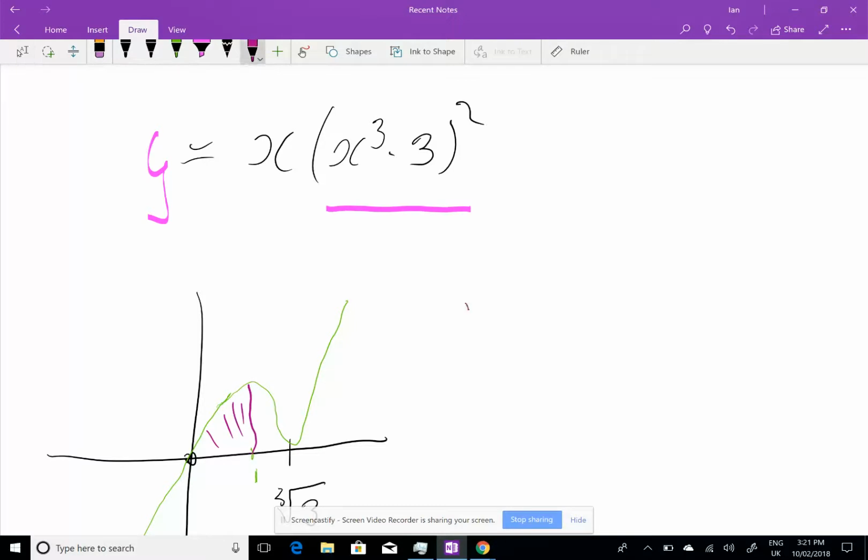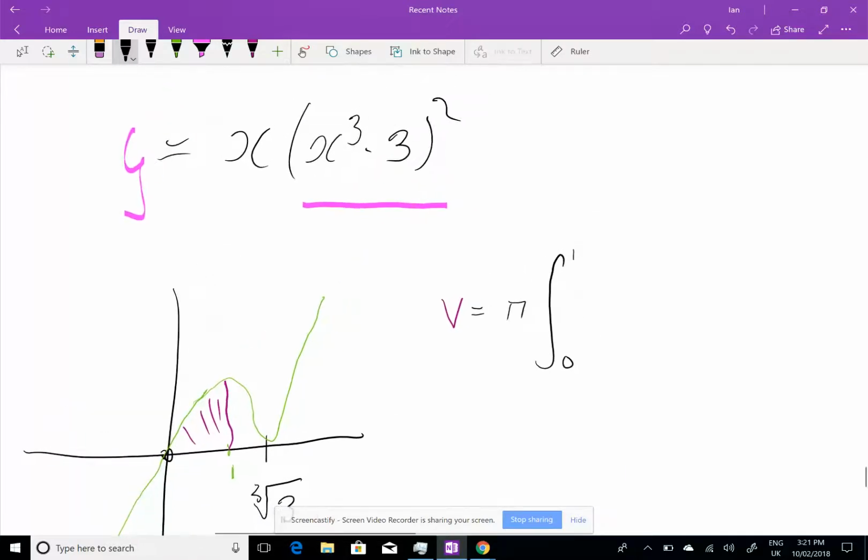So our volume equals pi, between 1 and 0. Now we need y squared, so we need all that squared. That's why it's good that they wrote it in factorized form.